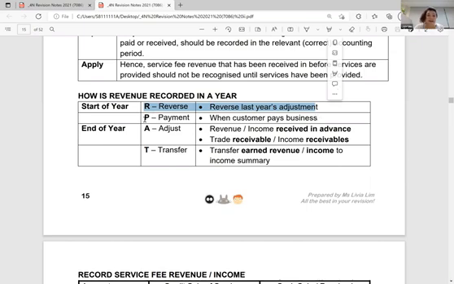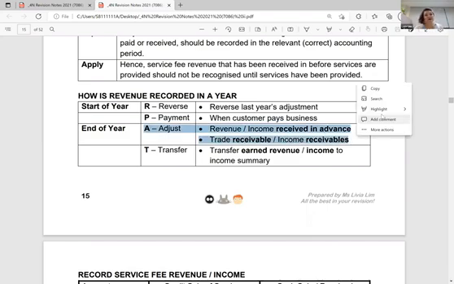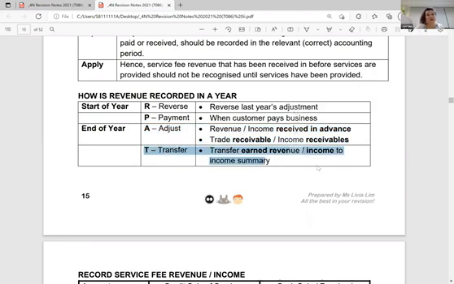Another key thing that happens is when there is a payment, when your customer pays the business. At the end of the year, we adjust for income received in advance or income receivables, because maybe we have done the work but people haven't paid us, or we haven't done the work but people have paid us. And finally, we transfer the earned income or revenue to the income summary. So these are the key things that happen.